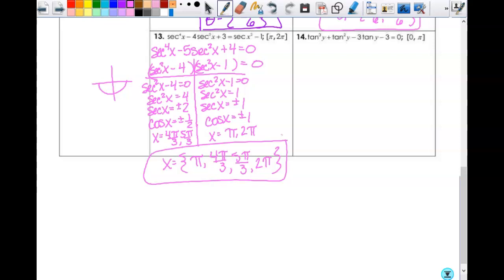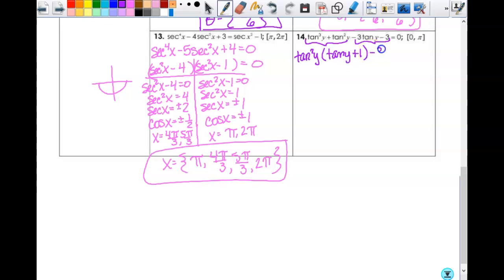Tangent cubed y plus tangent squared y minus 3 tangent y minus 3 equals 0. Okay, so I've got a cubic. It's not the sum or difference of cubes, and I have 4 terms. How do I factor something like this? Grouping. Good. So I'm going to group these, and I'm going to group these. So I can factor out the tangent squared. That leaves me with tangent y plus 1.